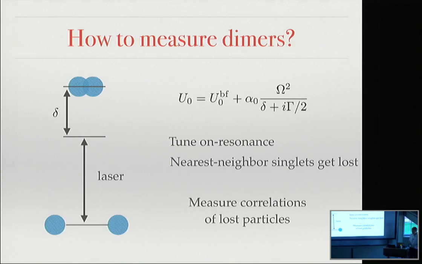And so what you would do is you'd set up your state, flash this on for a short time, take a picture, look at where atoms are missing, and bin that. Then you start over, flash on your resonant photo-association, take a picture, bin that. And the histogram of where pairs of atoms are missing is exactly the picture I was drawing on the last page. That's exactly what it gives.